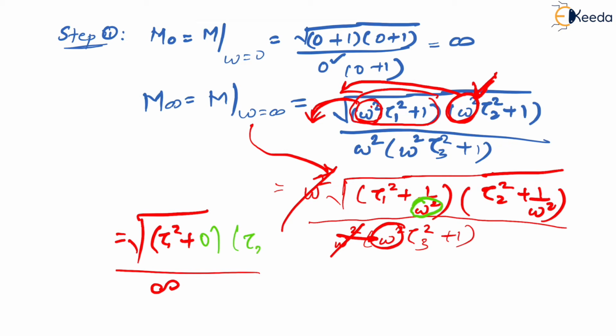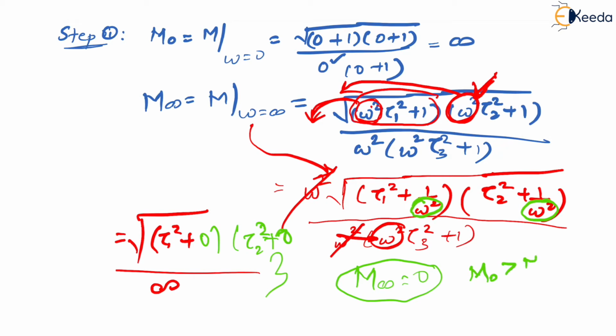Then again multiplied by tau 2 squared plus, with omega as infinity, again 1 by infinity, which is equal to 0. So anything upon infinity is going to give you 0. So M of infinity is going to be 0. Again, if you observe, what do you observe? You observe that M0 is greater than M infinity, which means the next steps can be followed, right?